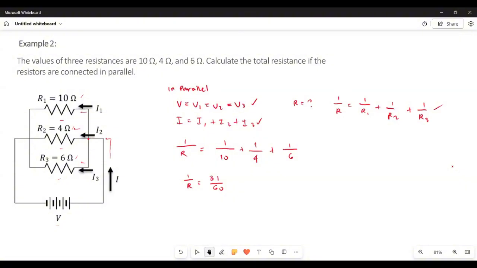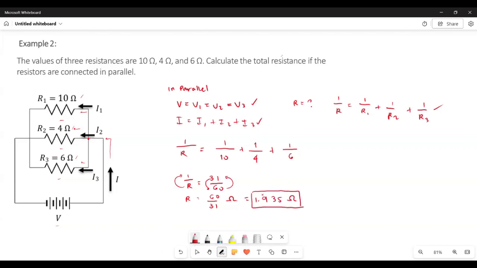Kailangan natin pang i-reciprocal yan. So, pabaligtarin lang natin yung R, dadalhin natin sa taas. Yung 60, dadalhin sa taas. Yung 31, ibababa natin. Therefore, R is equal to 60 over 31 ohms. Or kung nakadesimal ang kailangan natin, ito ay equal sa 1.935 ohms. So, ito ang ating final answer for example number 2.